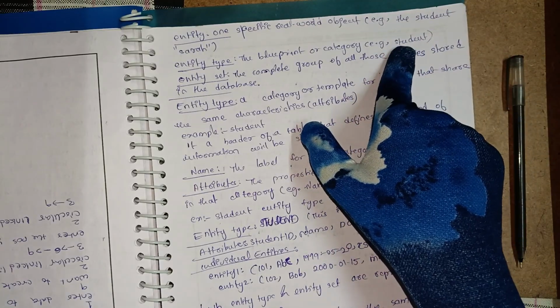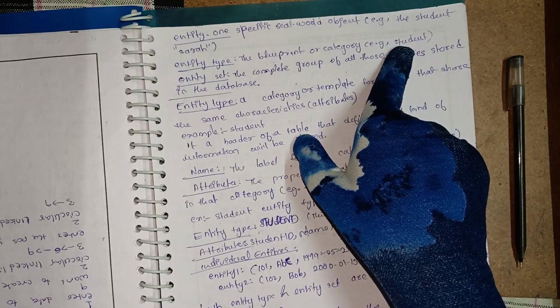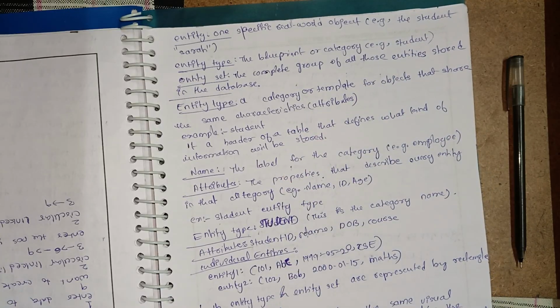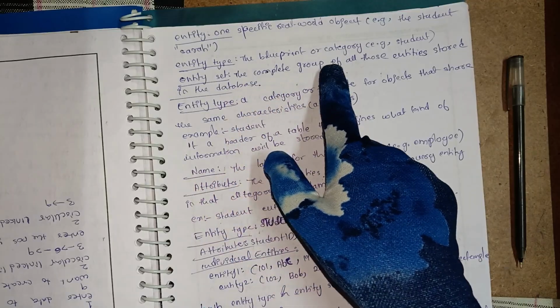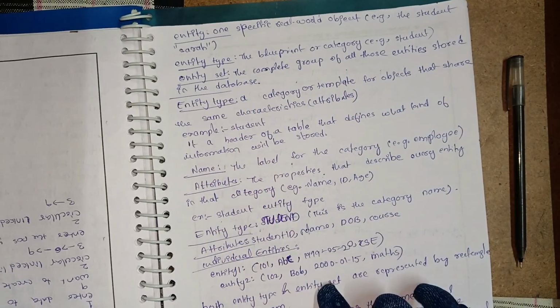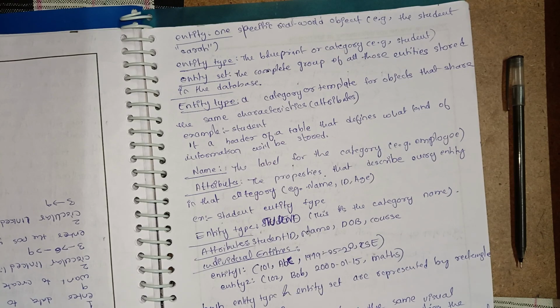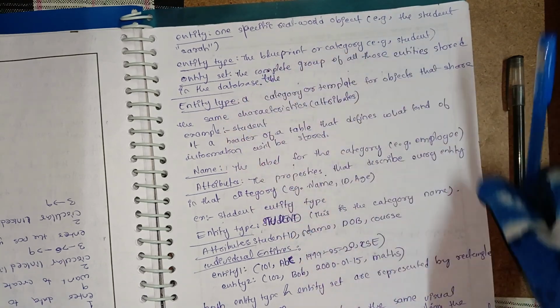Means student, what it represents, the table name. And then entity set: the complete group of all those entities stored in the database table. Okay.